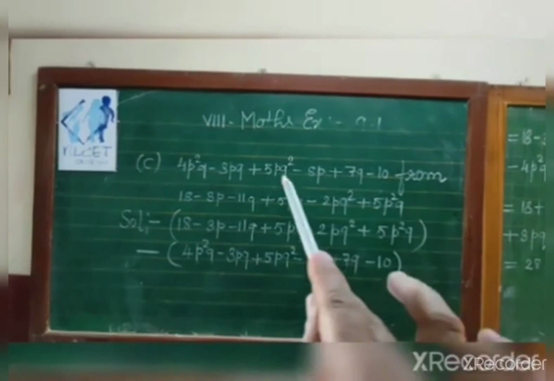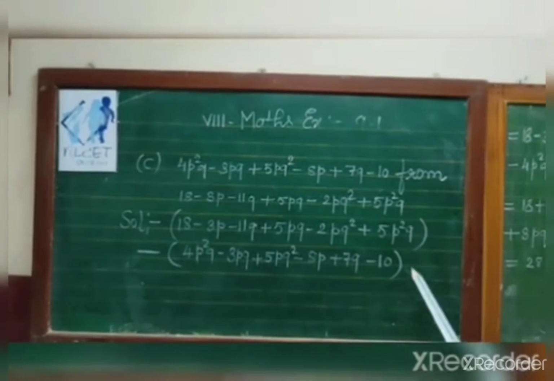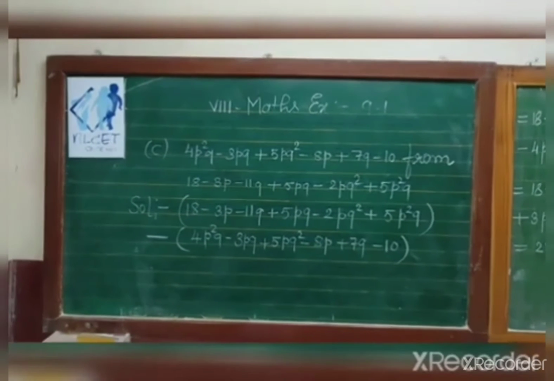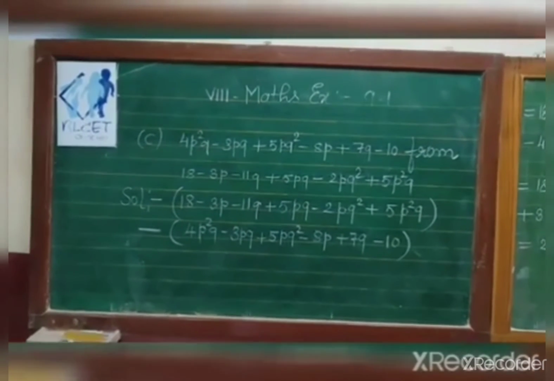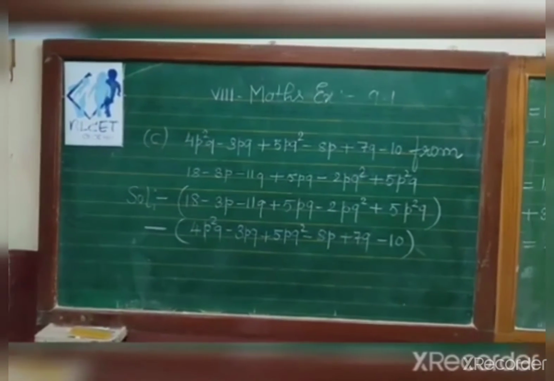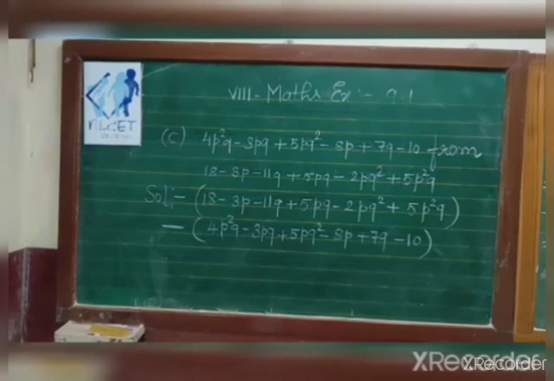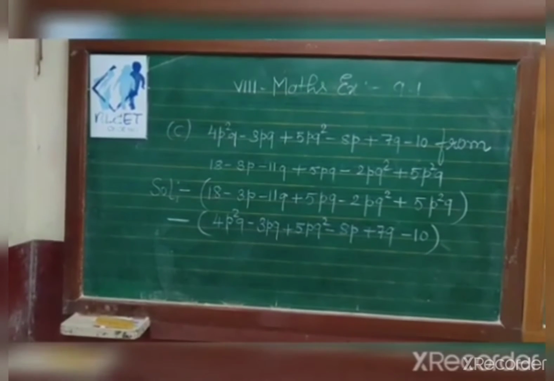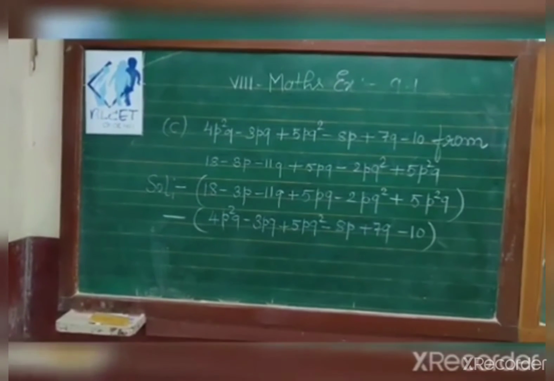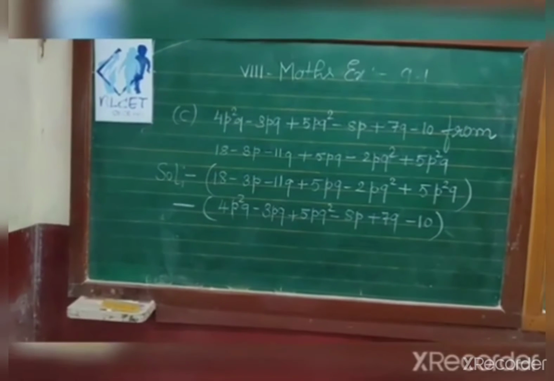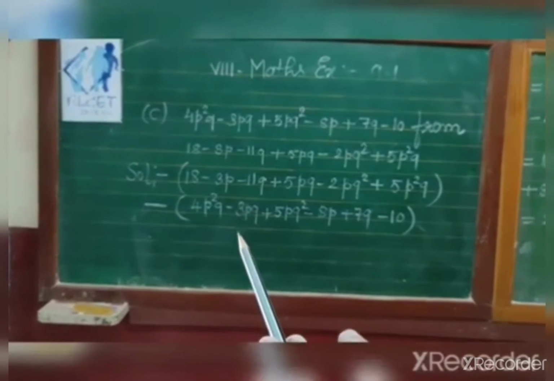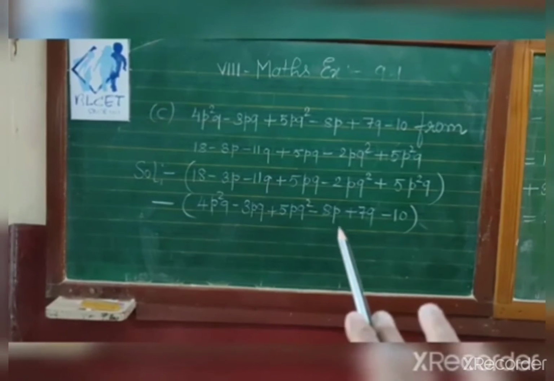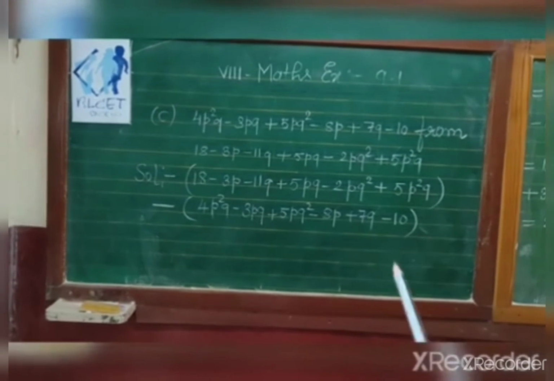So we will write the second polynomial first. In the bracket you will write 18 minus 3p minus 11q plus 5pq minus 2pq square plus 5p square q, close the bracket, and then put a minus sign before the first polynomial: 4p square q minus 3pq plus 5pq square minus 8p plus 7q minus 10.